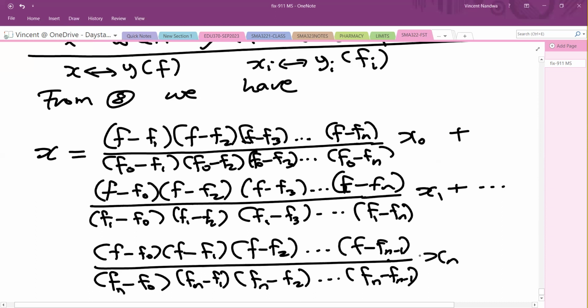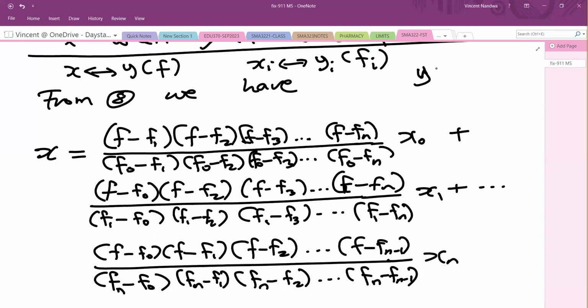So where I'm putting f, you can as well put y. Sometimes we use y or f just to mean the value of the function itself. So this is the inverse Lagrange interpolation formula that can help you to find a known value of x when you have a value of y or value of f.